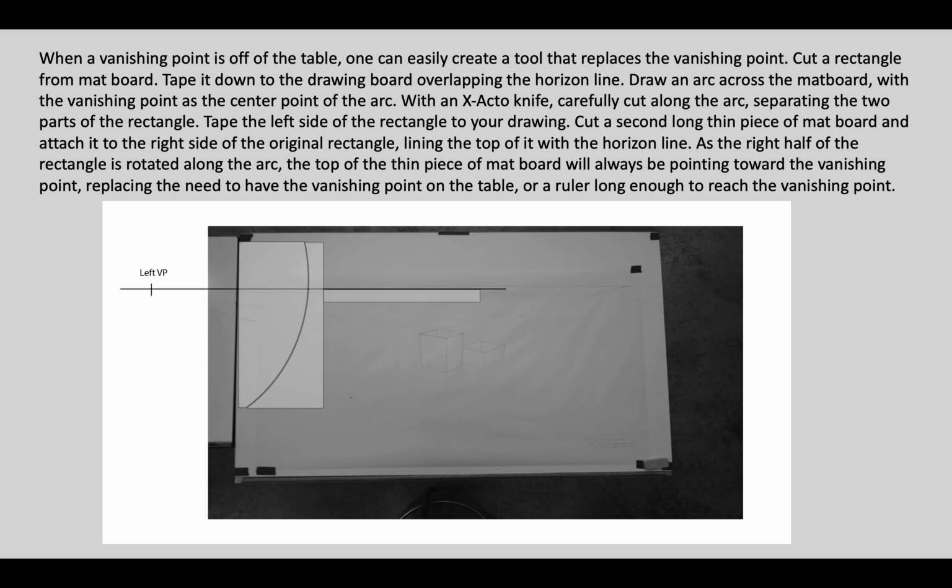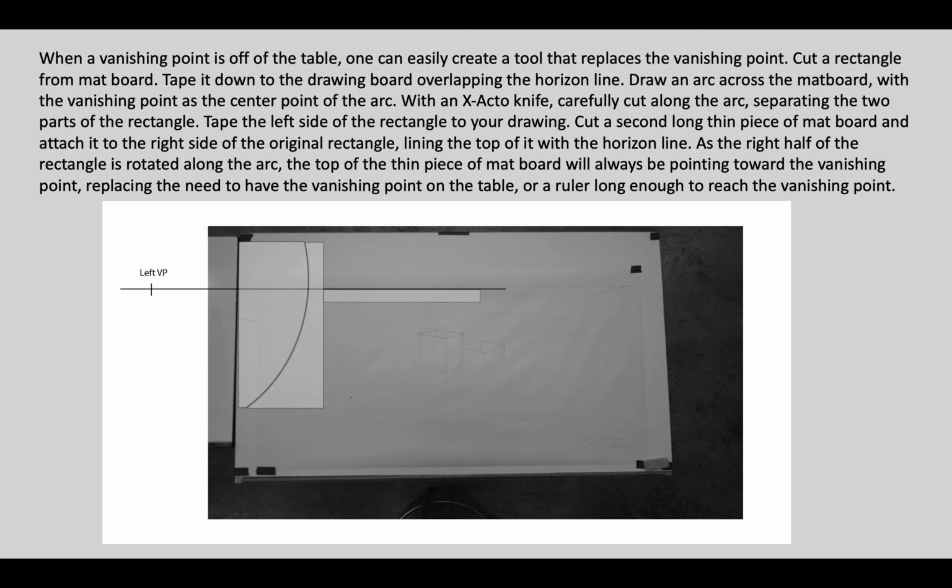With the other one lined up where it originally was, tape or glue a long thin piece of mat board to it. That's going to be the tool to draw your perspective lines with.